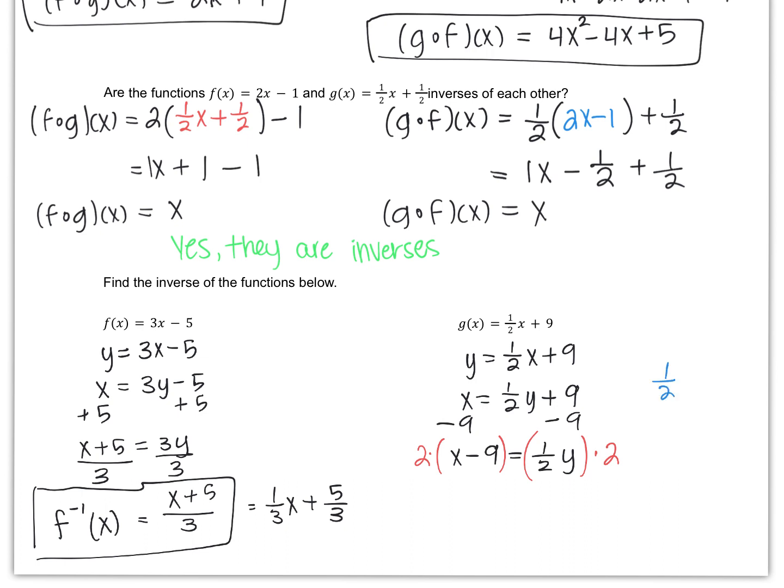So that means that y is by itself now. So my inverse, g inverse of x, equals, and I am going to distribute the 2 on the left side into the parentheses. And it's going to become 2x minus 18.